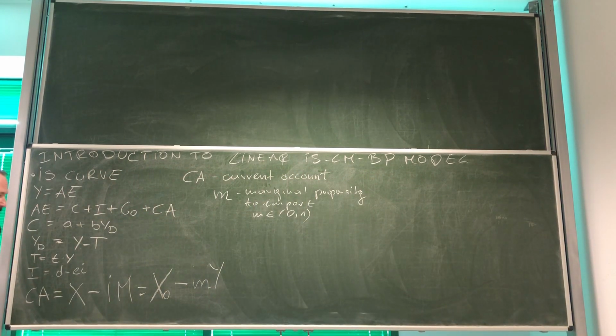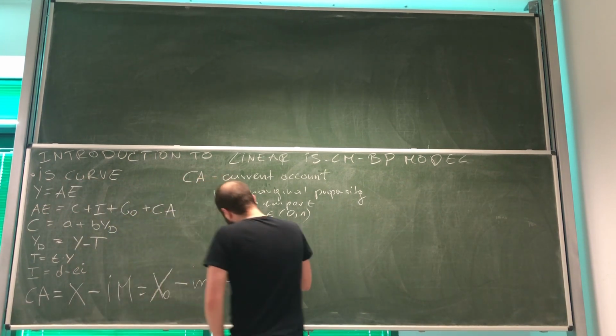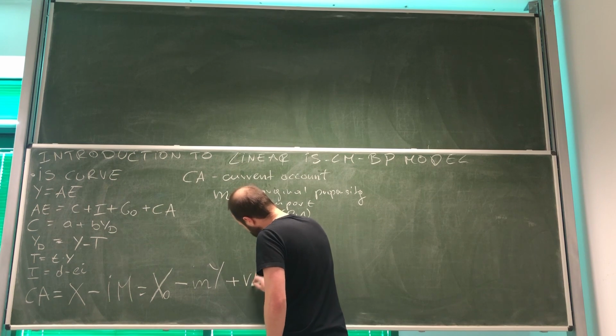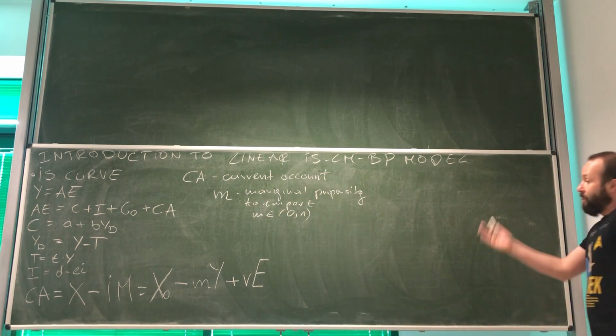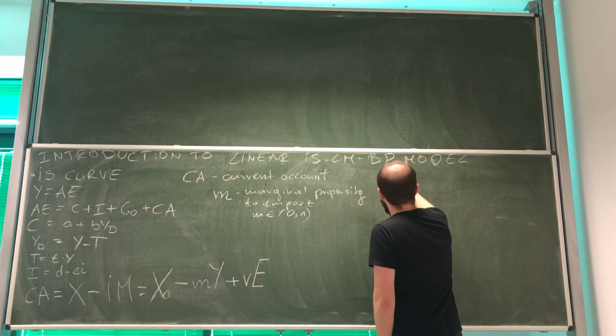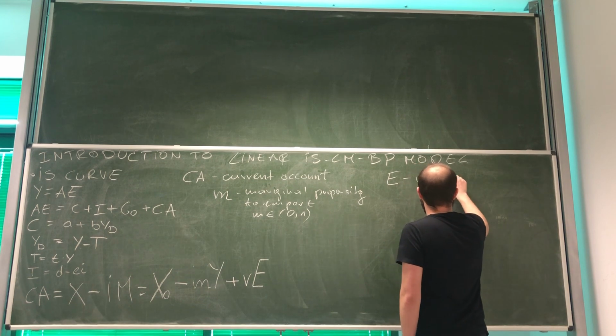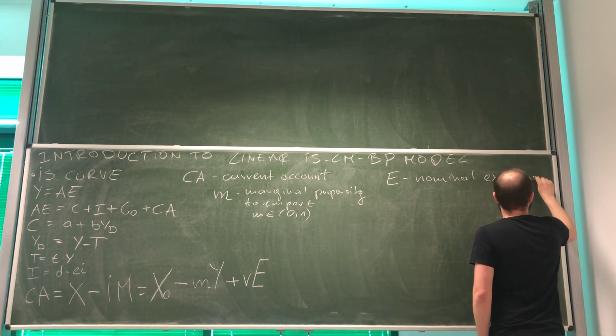And the expression we're going to add here is lowercase v times e. What is e? E is the nominal exchange rate.